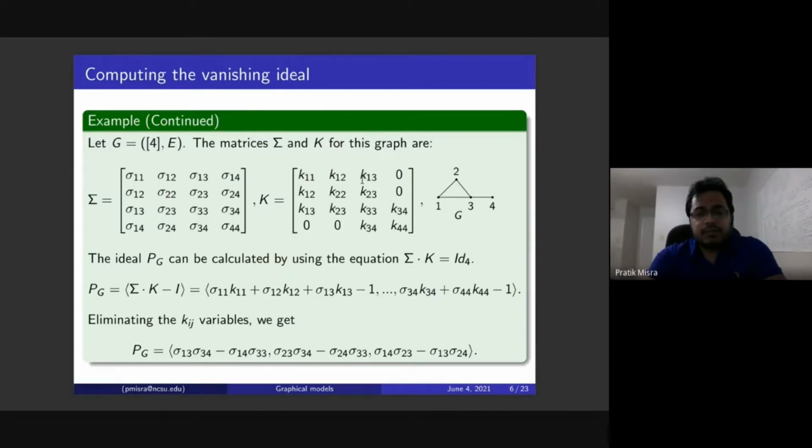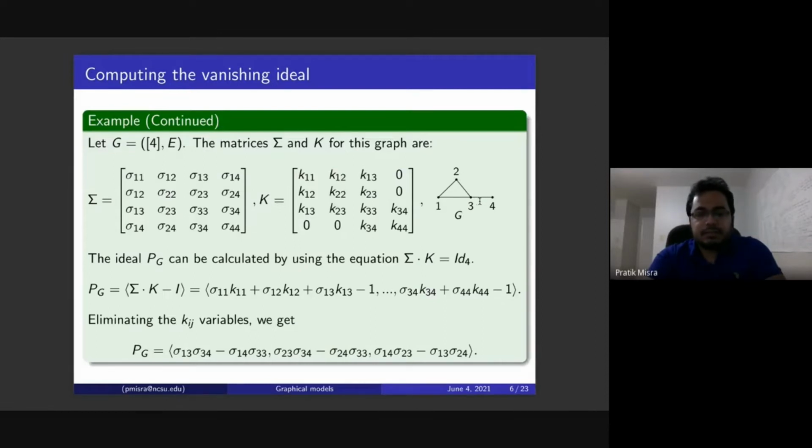Observe that we have entries K 1 1, 1 2, 1 3, but we have 0 at the 1 4 and 2 4 positions. This comes from the graph, because if you look at the graph, we see that the edges 1 4 and 2 4 are missing. Correspondingly, we have a 0 at the 1 4 and 2 4 entries. That is how the generic concentration matrix is obtained from the graph G.